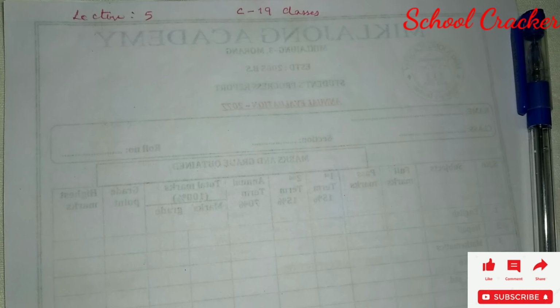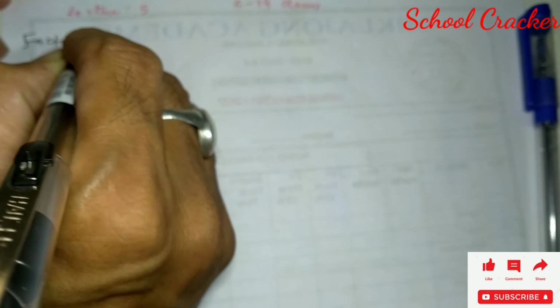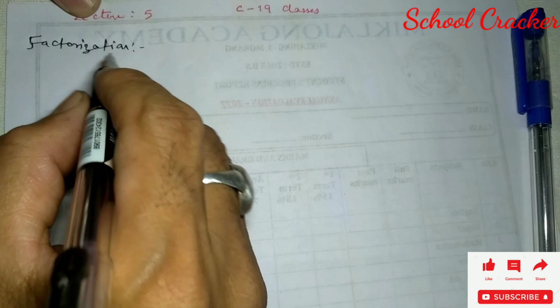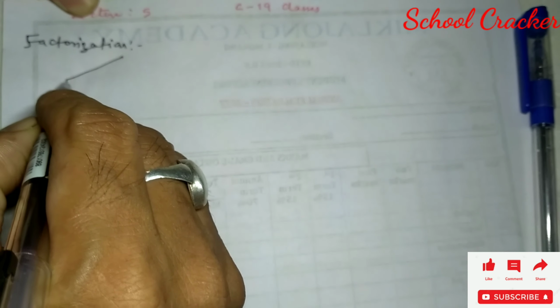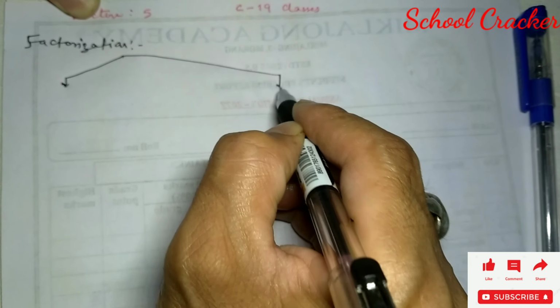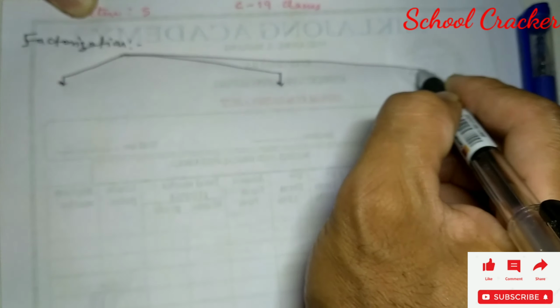In this lecture, I want to proceed with factorization. This topic is one of the simplest, yet students have difficulty in solving them. Factorization. There are basically three ways to solve the polynomial.